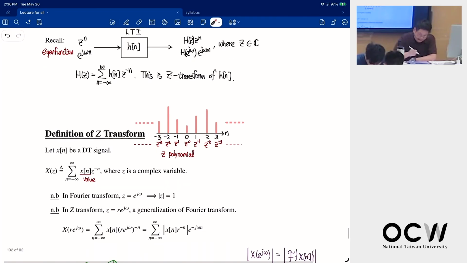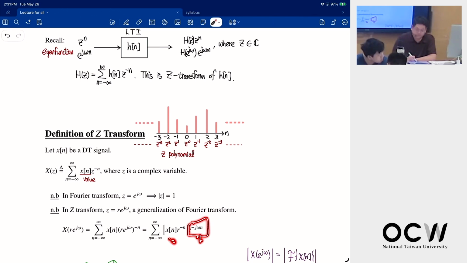But now for the Z transform, our z has a radius r. In this case, z becomes r times the unit circle. If we rearrange that, this is the basis. So this is the extension of the Fourier transform, right?